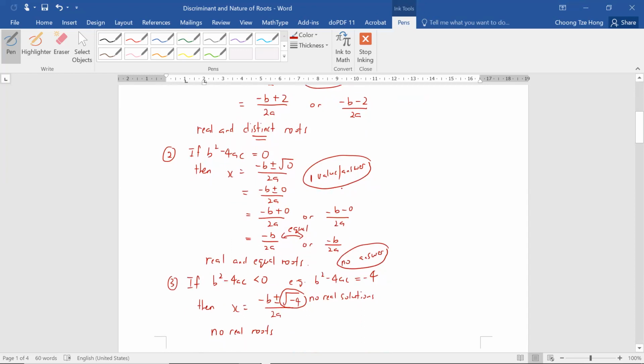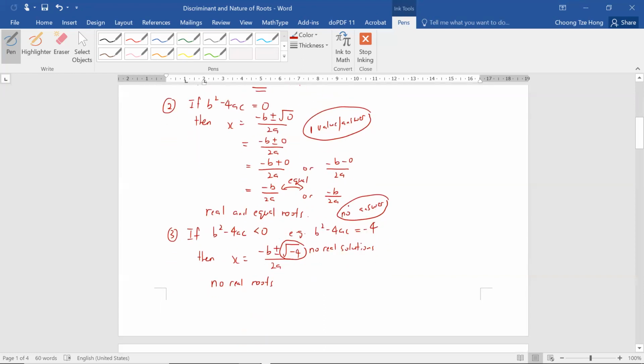The second one is just one distinct answer, both answers are the same, so real and equal roots. And then the third one, where b square minus 4ac is negative, then you have no real roots. That's why it's called the discriminant, because its value will determine how many roots, or what type of roots the quadratic equation has.